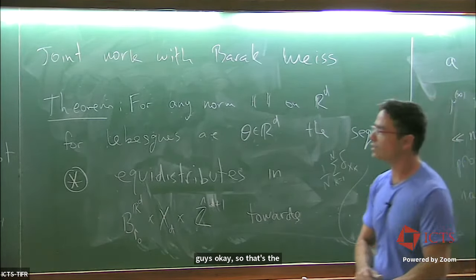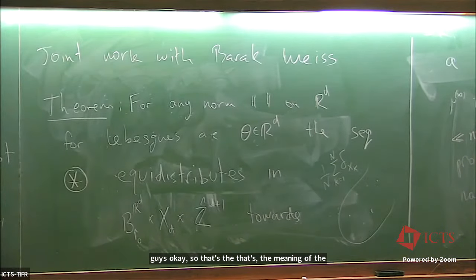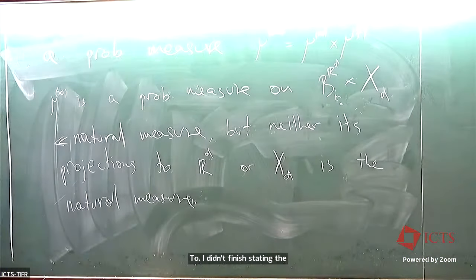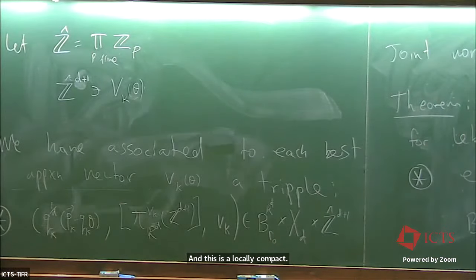And if I go back, I didn't finish stating the theorem. For almost any theta, the sequence of best approximations gives rise to a sequence of objects in this product space. And this is a locally compact Hausdorff space, so we can discuss equidistribution in it.